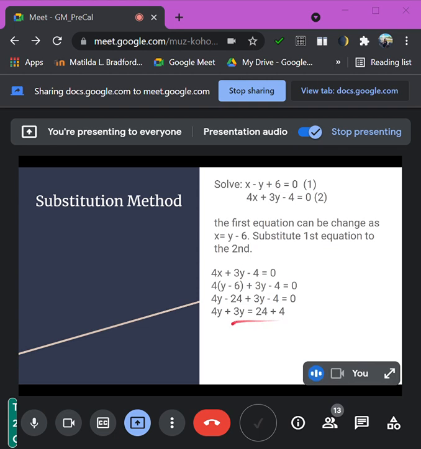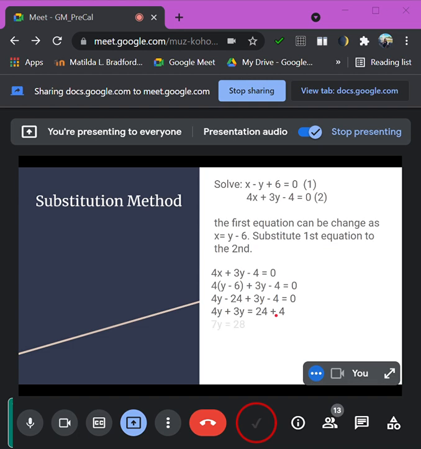The 4y and 3y go together, and on the other side, negative 24 becomes positive 24, and negative 4 becomes positive 4. Then we have 7y equals 28. 4y plus 3y is 7y, and 24 plus 4 is 28.